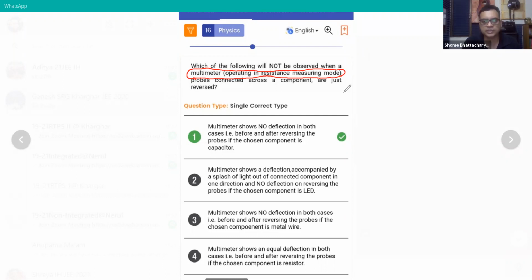Okay, so that's how it basically measures. So the multimeter will be applying some minimal DC voltage across the particular circuit component across which you are measuring the resistance. Okay, and like that. So now we want that we connect it across the component and you reverse the probes.